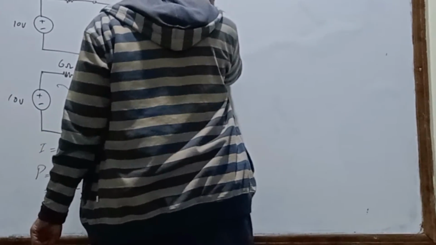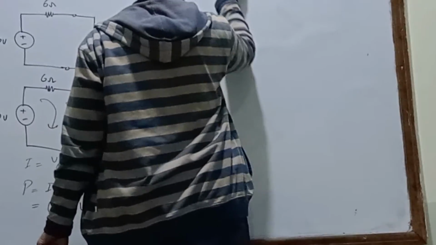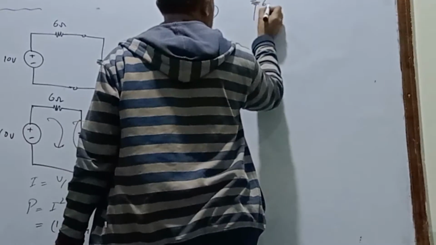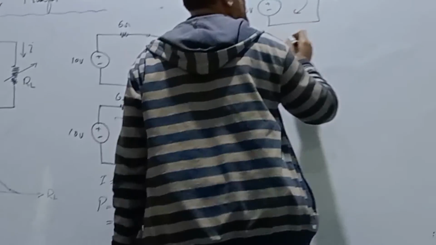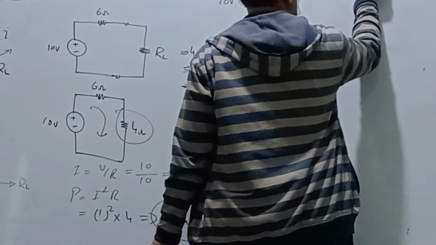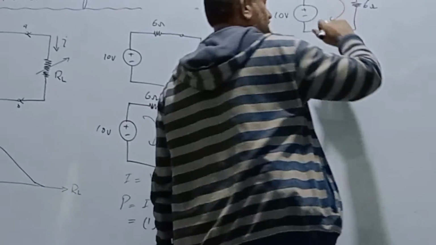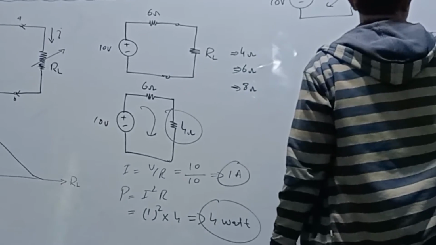Plus minus 10 volt, 6 ohm, our given load is 6 ohm. How much current? Current I is equal to V by R. R is in series, V is 10. How much is this one? 12.